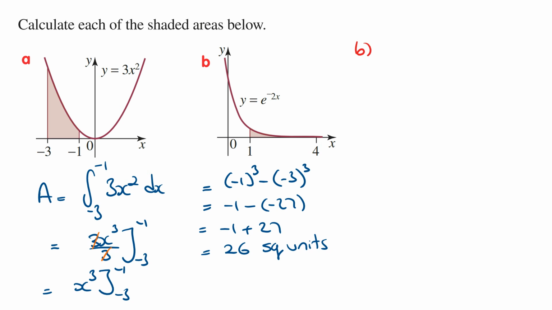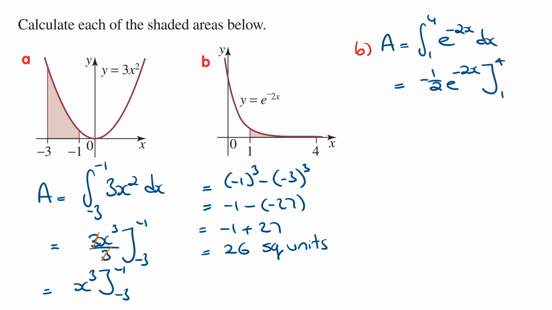Part B. We want the area of the shaded region for the interval from 1 to 4. Notice that the curve is above the x-axis for this interval, and so we can write the area is equal to the integral from 1 to 4 of the function e to the -2x dx. We can integrate this by hand, and so this is going to be -1/2 of e to the -2x from 1 to 4.